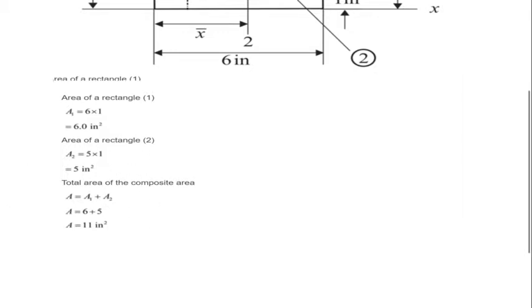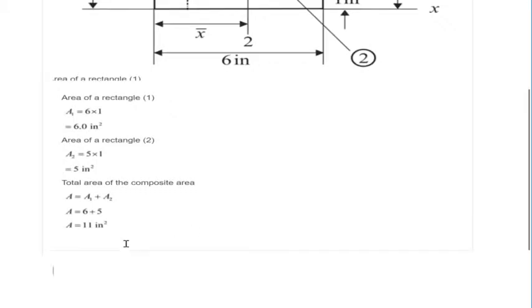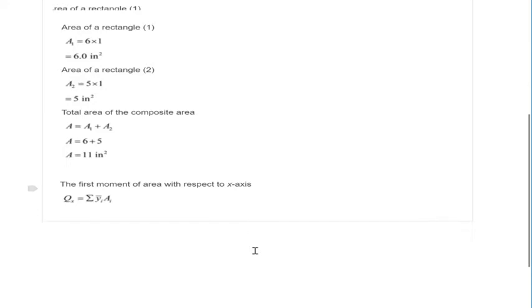Okay, so the first moment of area with respect to the x-axis is the sum of the y primes times the areas. So we need to find this: the sum of the y primes with respect to the areas.